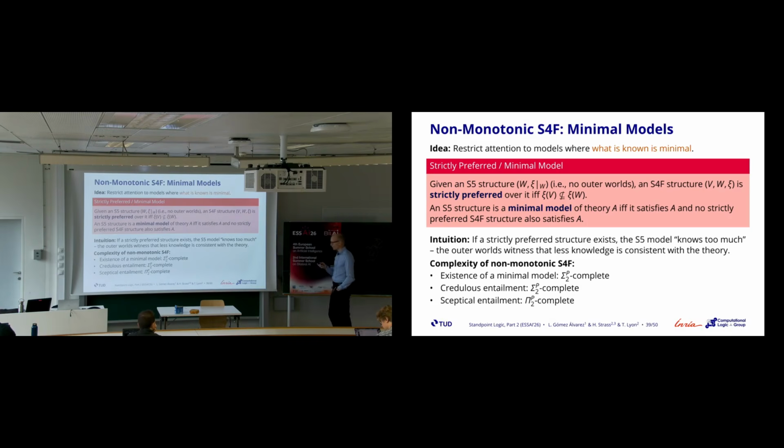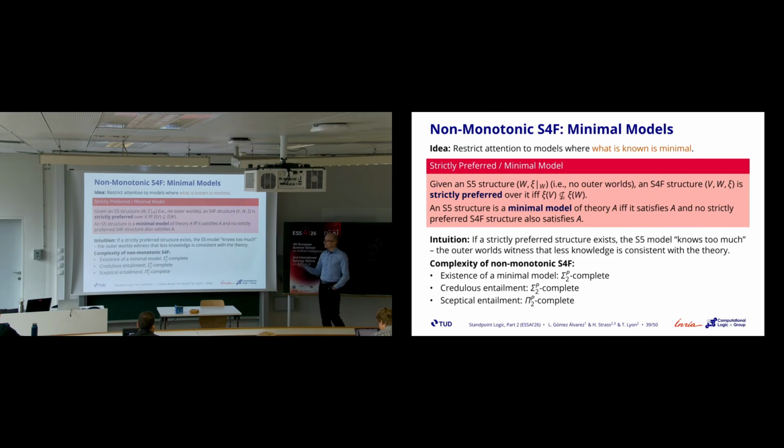So this is really one of the important points, and that goes back to work by Grigori Schwarz and Mirek Truszczynski in the late 80s and early 90s that discovered that you can build very useful and very nice knowledge representation logics using this minimal model characterization.